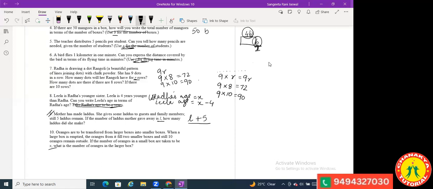Okay. Now here, oranges are to be transferred from a larger box into smaller boxes.